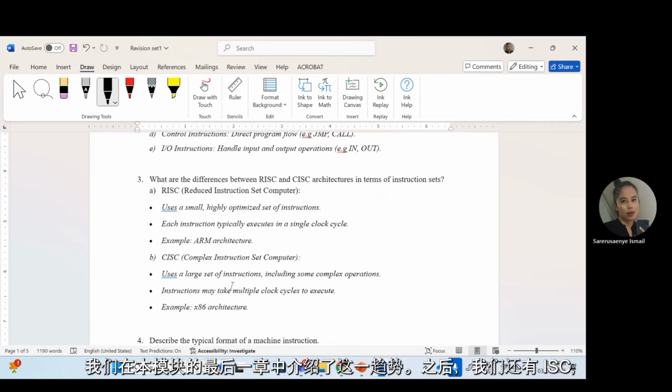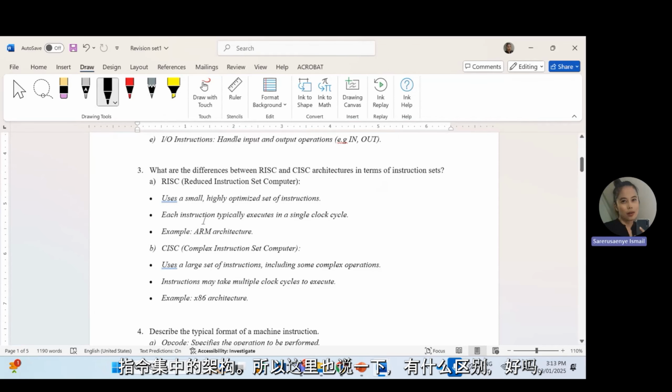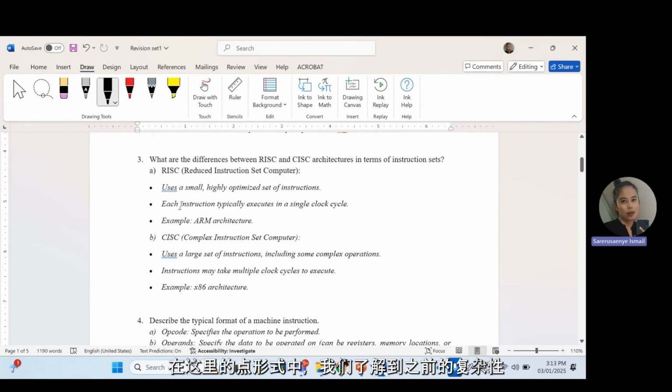After that, we also have RISC, which is the reduced instruction set. We need to know the differences between these two computer architectures in terms of the instruction set. Here I put the differences in point form.